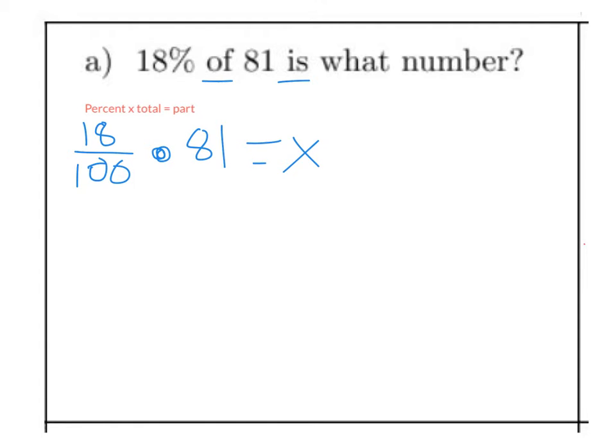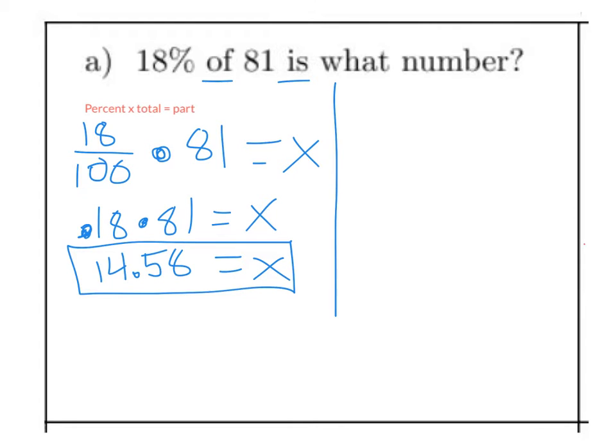So this one here is my favorite case to use this equation, because really all we need to do is plug this into our calculator, 0.18, using what we know about percentages, times 81, and this is going to tell us what that number is. So plug that in your calculator, and we get x equaling 14.58.